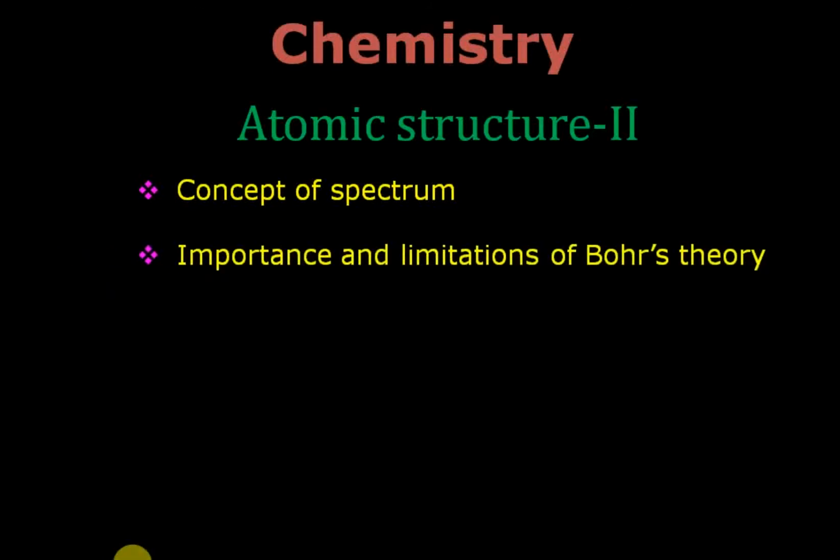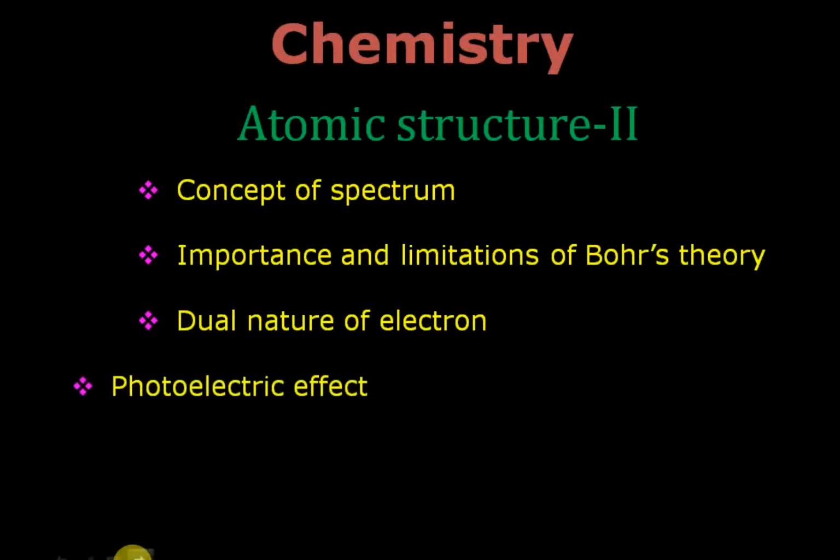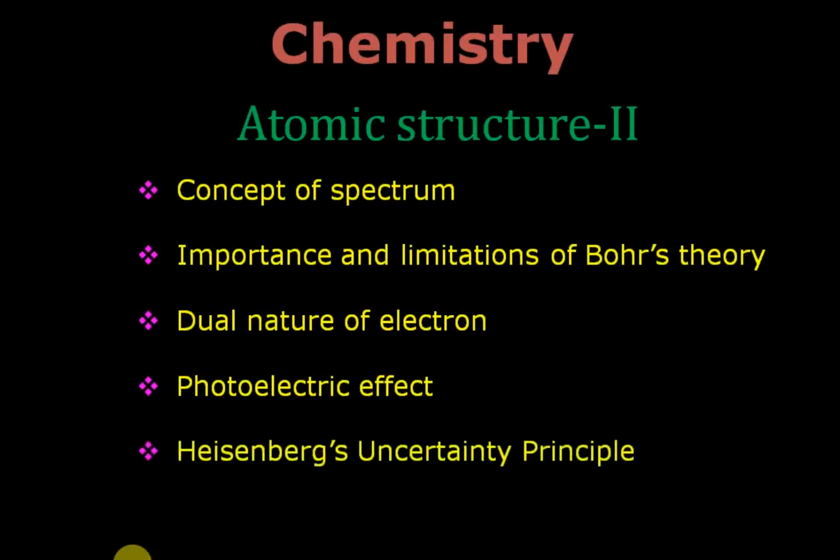Now, in this head, we will discuss the concept of spectrum or spectra, importance and limitations of Bohr theory, and the dual nature of electron or the matter waves, the photoelectric effect, Heisenberg uncertainty principle, and the orbit and orbitals.